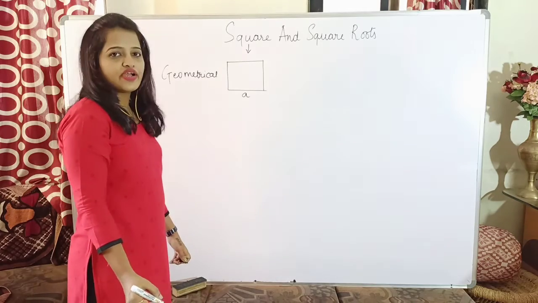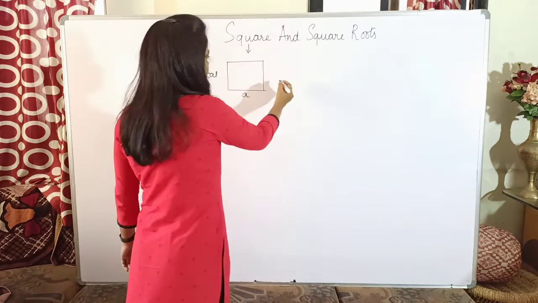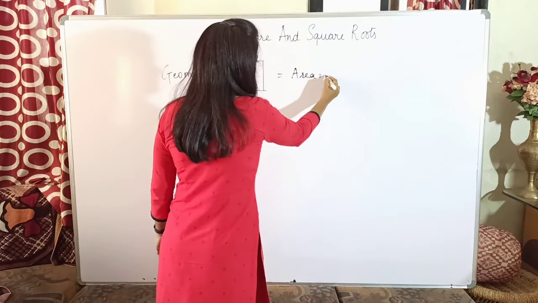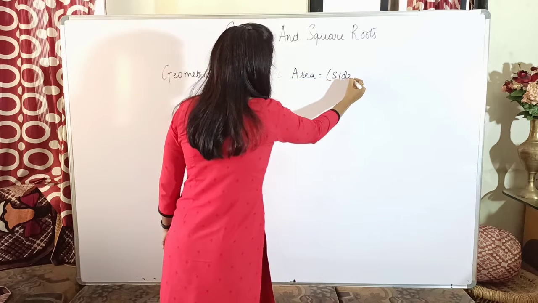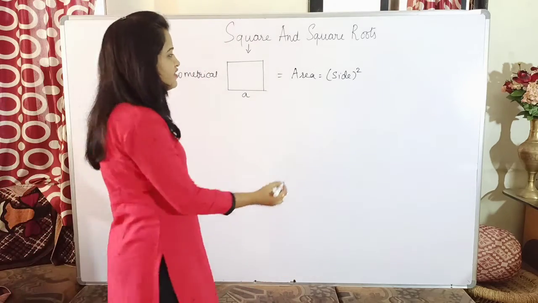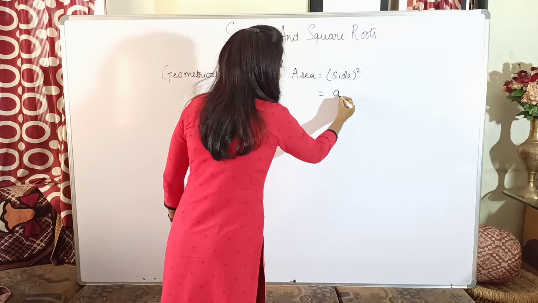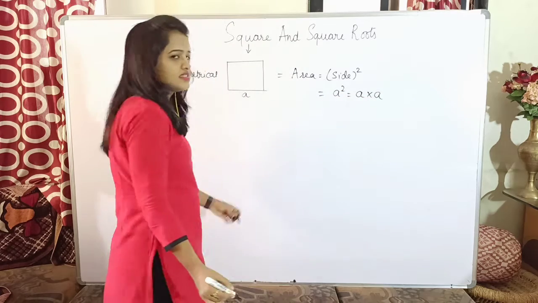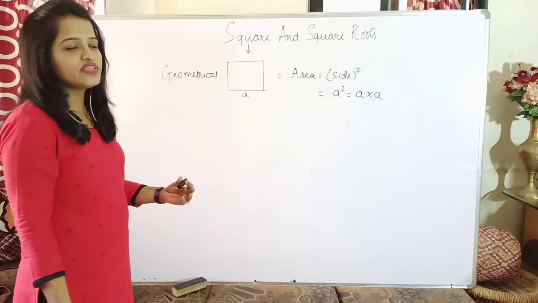So if I have to find the area of this figure, how do I find it? I will write: area of square is equal to side square. Now when I am saying side square, it means I will be writing it as a square, which is nothing but a into a. That is, the side is getting multiplied with itself.